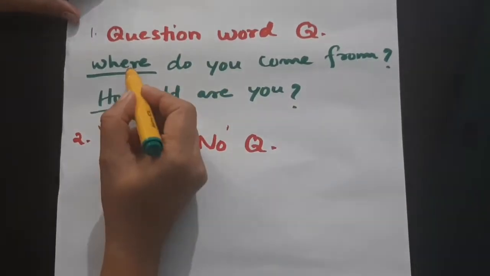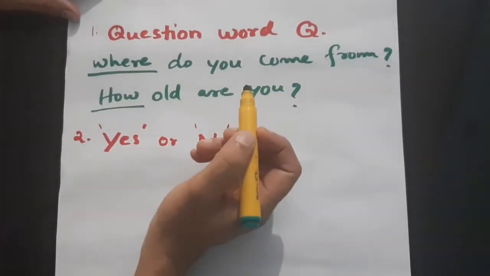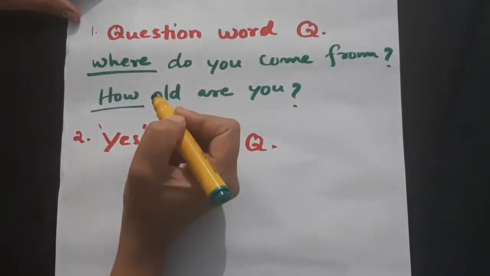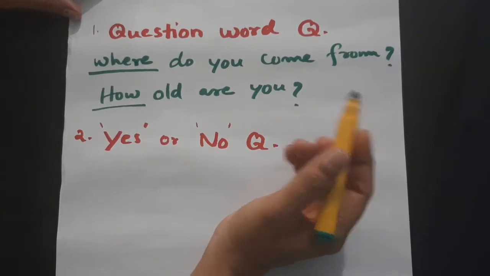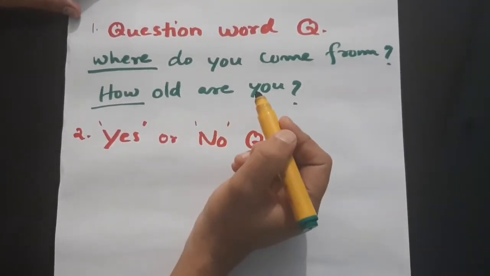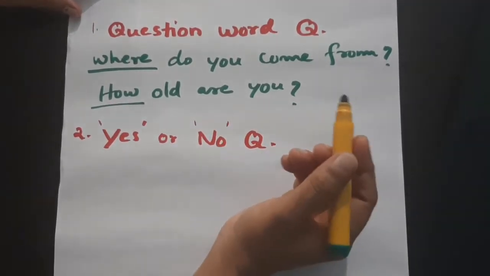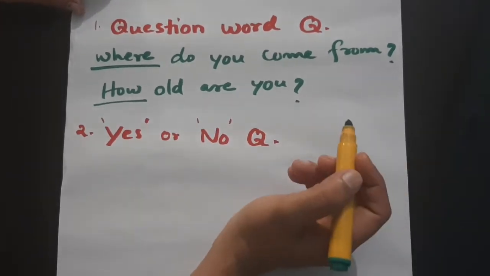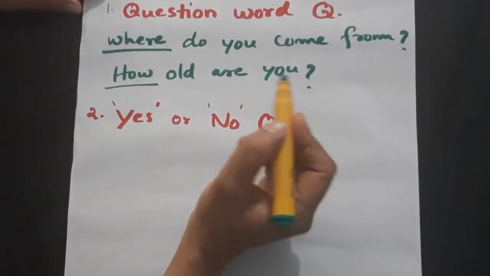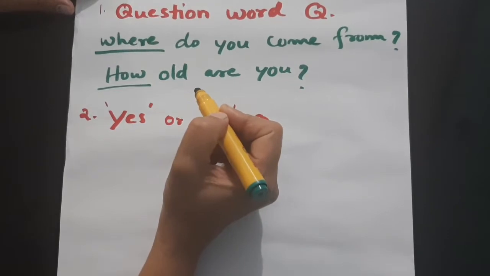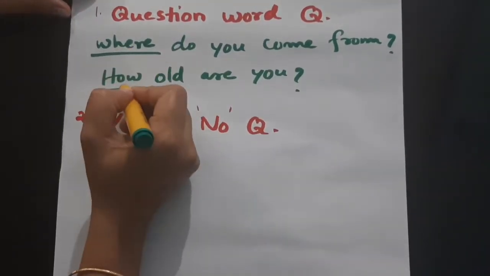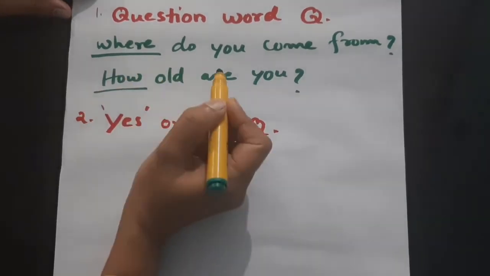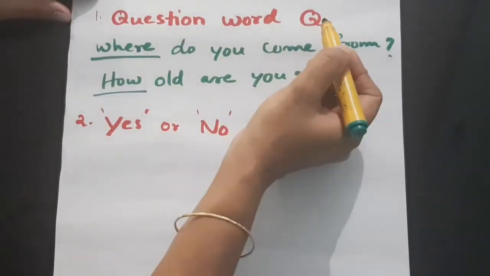Okay, see, there are many question words. You know, what, which, when, where, why, how many, how long, how far, like that, isn't it? So there are so many question words, and if this question starts with any such question words, it is a question word question.